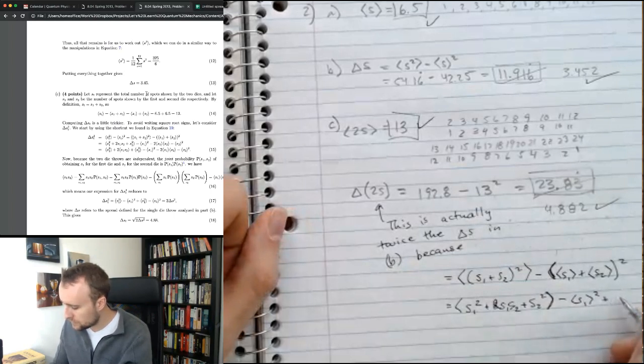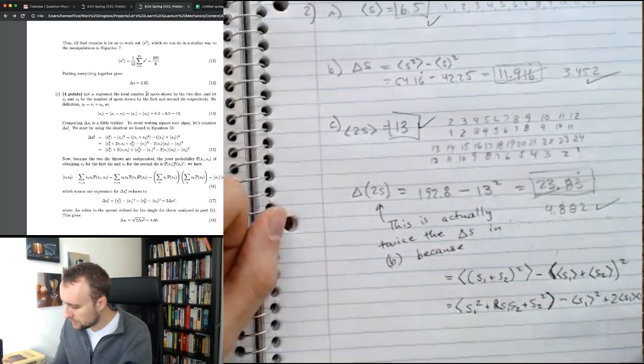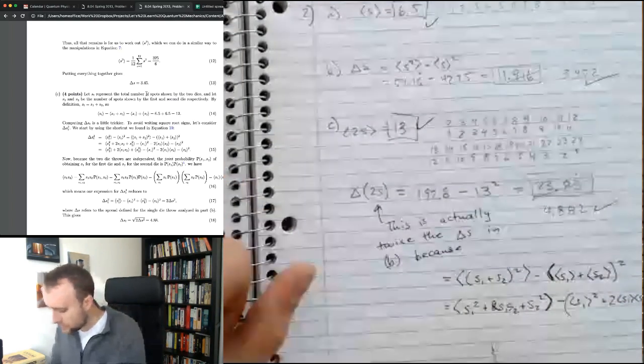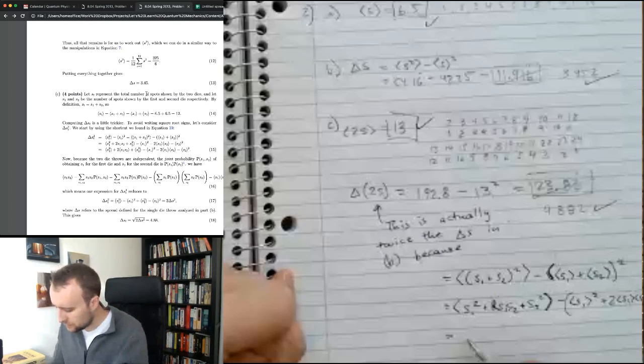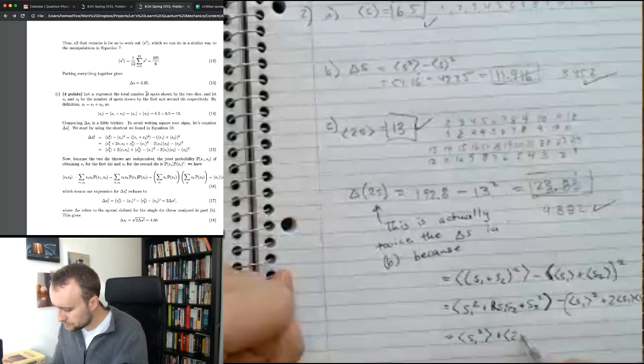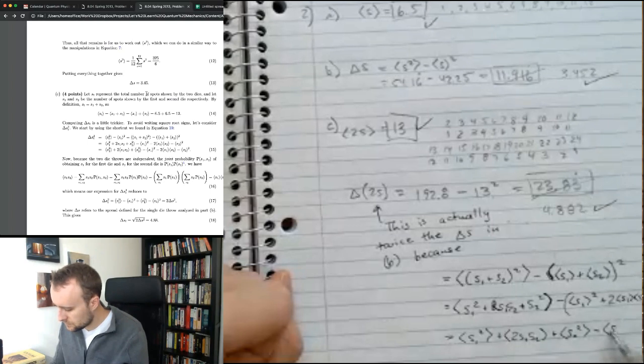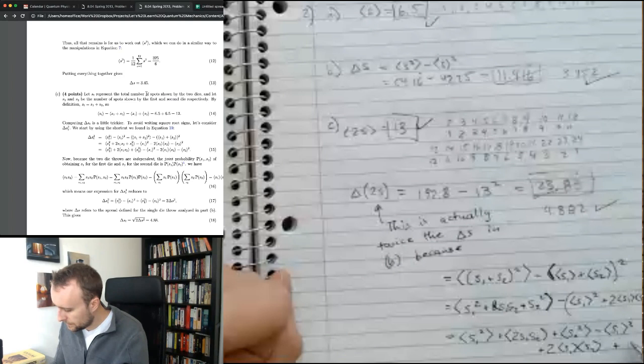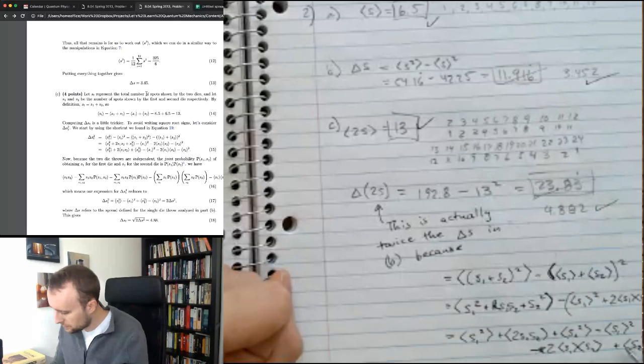S1 squared plus 2 S1 S2, and then this, I guess we can just take the expectations out because these are linear, so S1 squared minus.